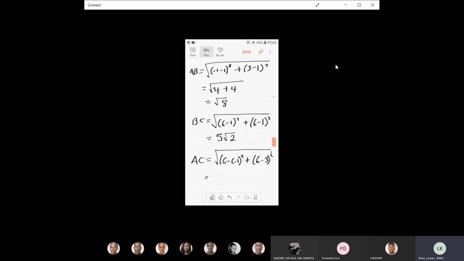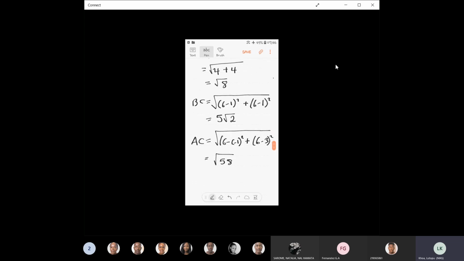Okay, so 6 minus negative 1 is 7, and then 7 squared is 49. 6 minus 3 is 3. 3 squared is 9. The square root of 49 plus 9 is just equal to the square root of 58.